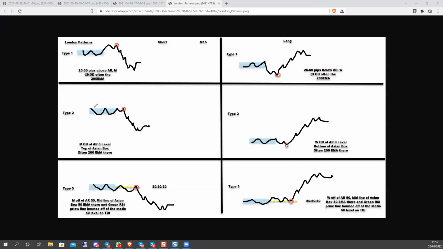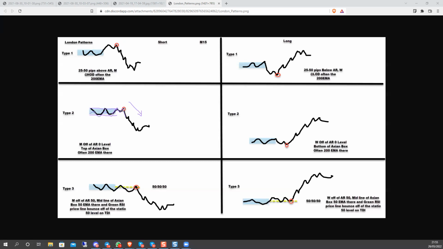So the type 2 patterns, they respect the AR0 levels here, top or bottom, but obviously when we're trading away from peak formation high, we look for M's off of the AR0 at the top. Again, we accumulate during Asia.